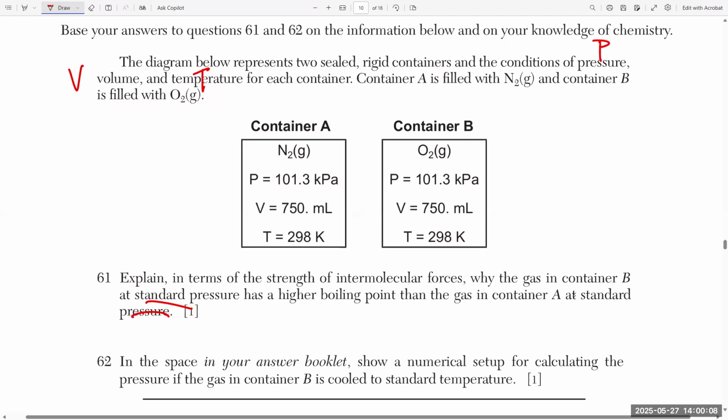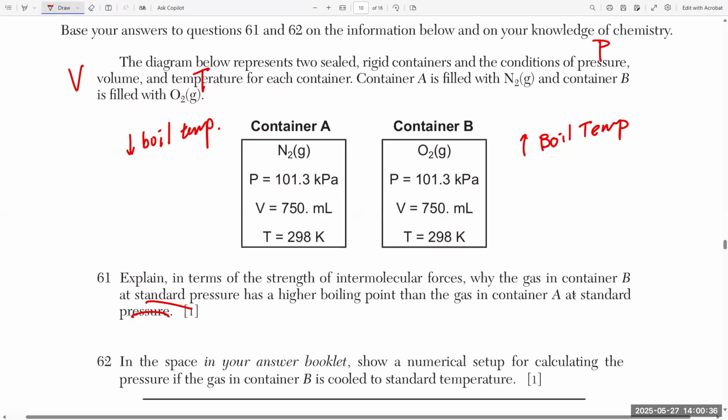Remember, intermolecular forces are how strongly the particles are pulling onto each other. All right, so they're both at standard pressure, and gas B has a higher boiling temperature. What does it tell you? Who's easier to boil off? Boiling off is when you're breaking them apart and chucking them into the air as a vapor, right?